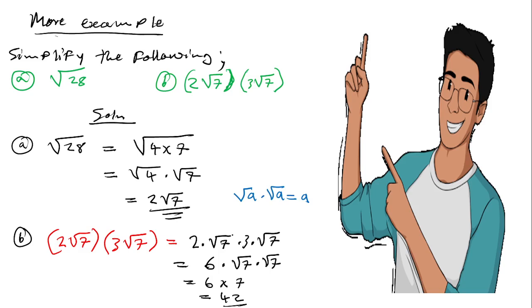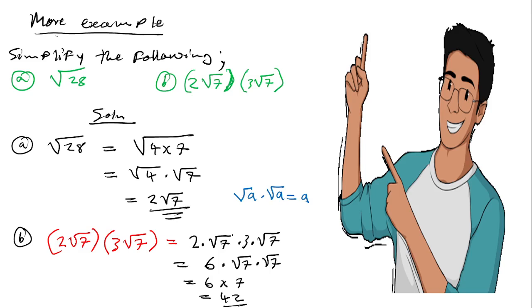After 6 multiplied by root of 7 and root of 7, then you wrote 6 times 7. Yes. The reason why I wrote 6 times 7 is because root of 7 times root of 7, the answer is 7, because the square root a dot square root a, the answer is a.